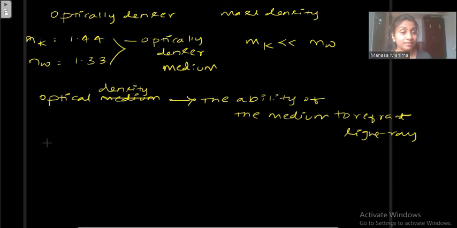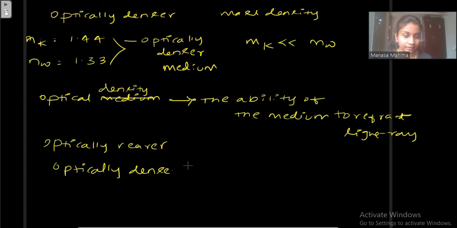We have to say optically rarer medium and optically denser medium. And by knowing these two values, what can we say? If the refractive index value is more, we say that medium is optically denser, and if it shows a lower value, then we call it an optically rarer medium. Don't get confused between optical density and mass density.